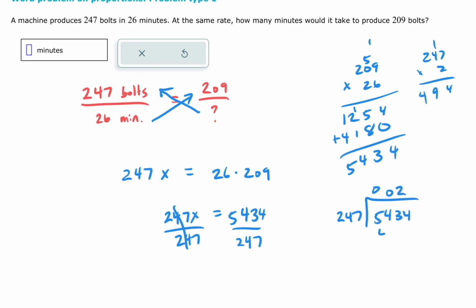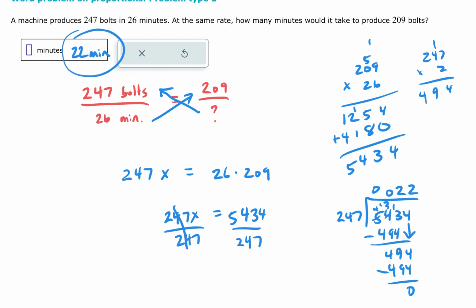So it's going to be twice, 494. Do some subtraction and regrouping, and then bring down. Oh, and it looks like it's going to be twice again, because that'll be 494 again with no remainder. So it takes 22 minutes to produce 209 bolts.